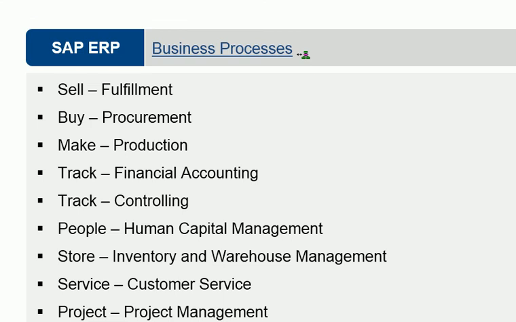Then we'll also cover inventory and warehouse management. Customer service will be covered by the groups. I think groups 1 and 4 are doing customer relationship management, and group 3 is doing project management. We'll also cover supply chain, and that's, I think, groups 2 and 5, if I'm not mistaken.